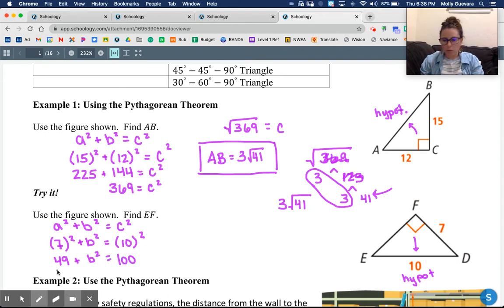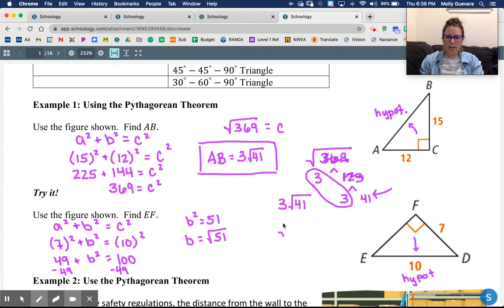I'm going to subtract 49 from both sides, and I get b squared equals 51. Now I'm going to take the square root, so b is equal to the square root of 51.